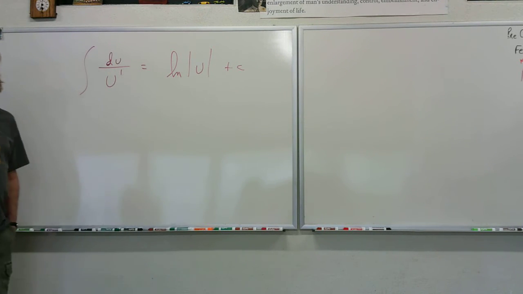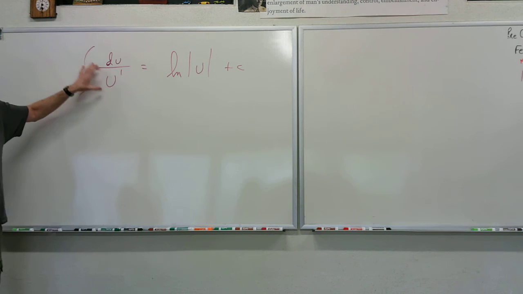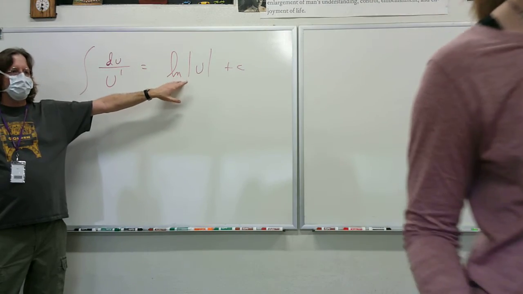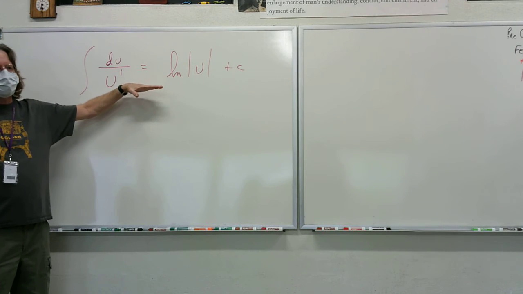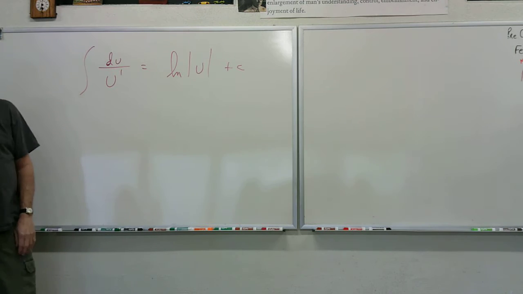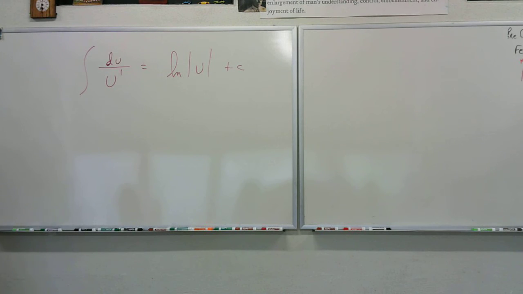Is that okay? If you have u to the 1, that would be u to the negative 1 du, and that makes natural log of u. This is a u du form, and everything after today is a u du form. So we'll just show you that one because it's there.